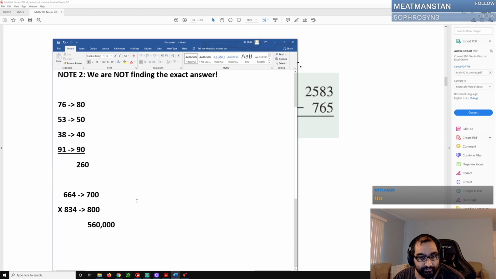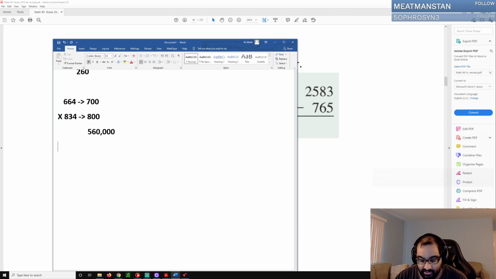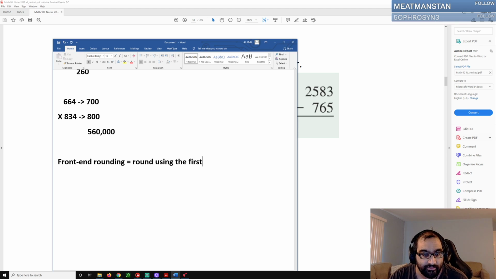But front-end rounding, to be a little bit more specific, is where you round using the first digit of the number. Basically, front-end rounding is you round using the first digit of the number.